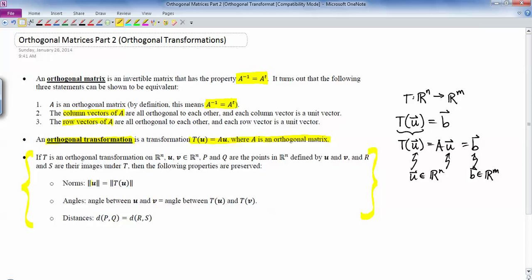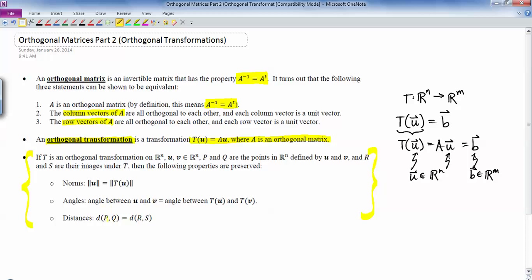If you have some vector U in Rn, and you plug it into your transformation T, and you get a vector in Rm, then the two vectors have the same length, the original and the resulting vector. Or if you plug in two vectors, the angle that was between them originally is the same size as the angle between their image vectors.